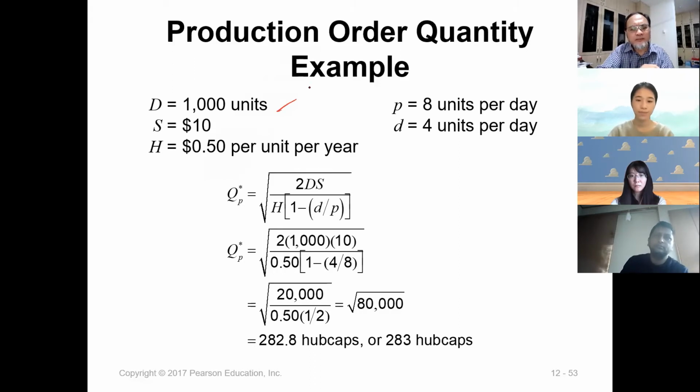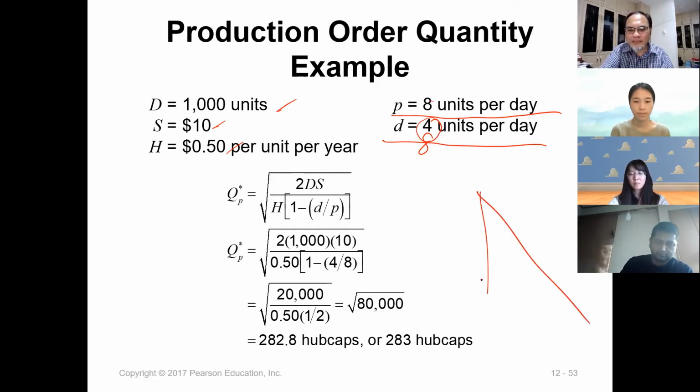Demand is 1,000 units. Setup cost is $10. Holding cost is 50 cents per unit per year. Production rate, 8 units per day. Demand rate, 4 units per day. Demand rate must not be more than production rate, because if demand rate equals production rate, it becomes the EOQ model already, because there is no production. For example, 8 units per day, demand is 8 units per day also.